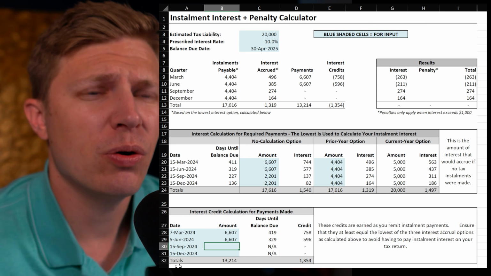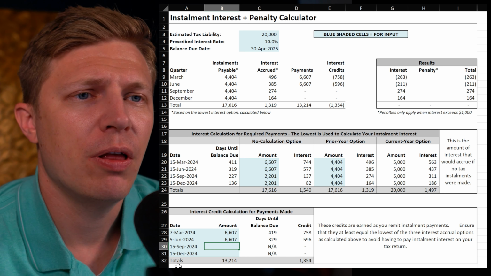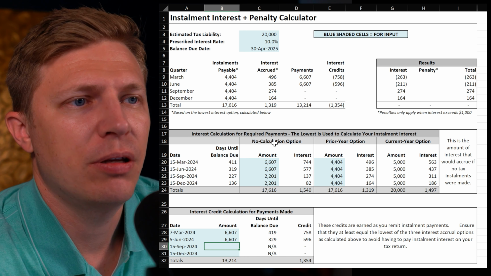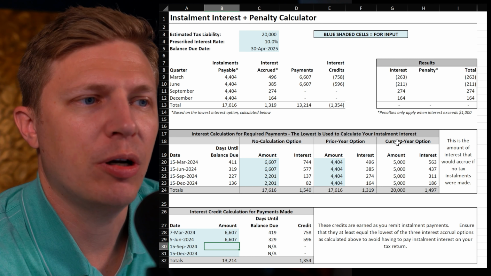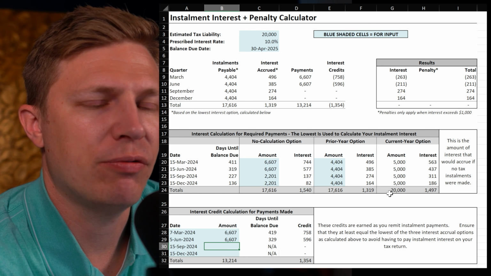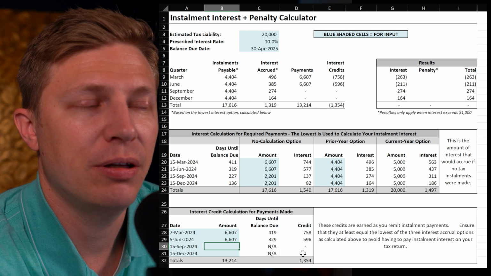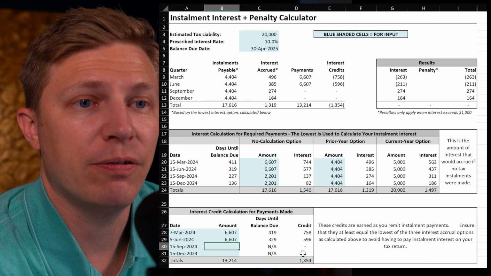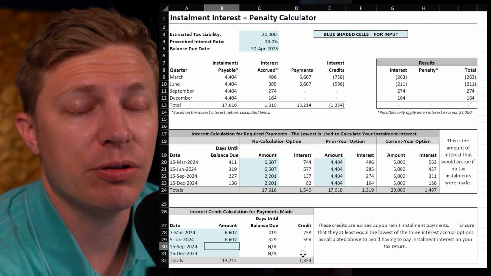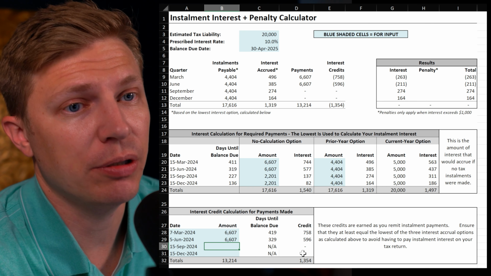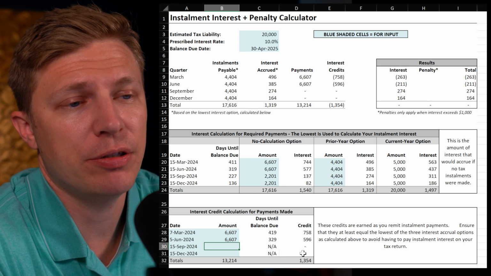So you can see here that once you understand how these three different payment options work and the math around how the interest and the credits are calculated, you can potentially save yourself having to remit certain amounts later in the year. It's really a case-by-case situation.